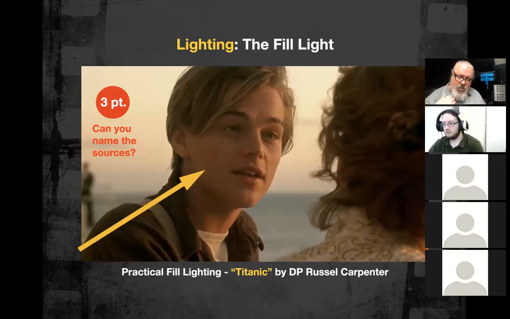So we have the presence of 3-point sensibility in the random happy accident of the sun coming from the right direction, striking a surface, reflecting back, providing fill, and also consequently lighting the sky behind him with an intensity brighter than the foreground. And we end up with a happy accident of finding 3-point lighting in the environment, right?